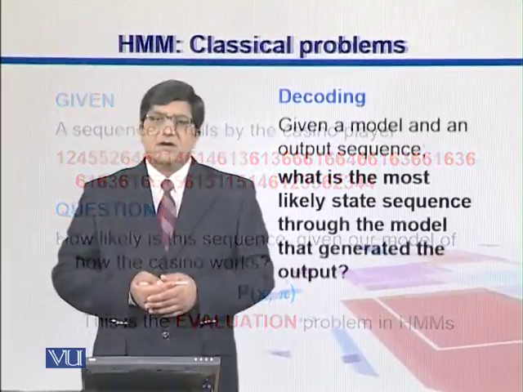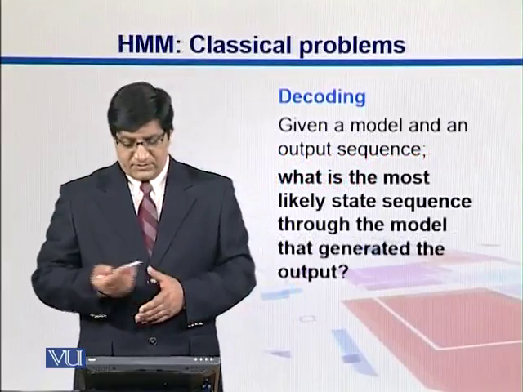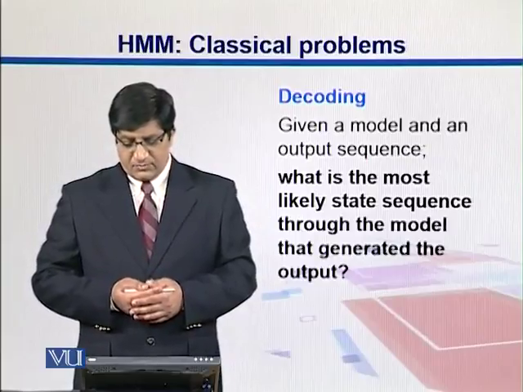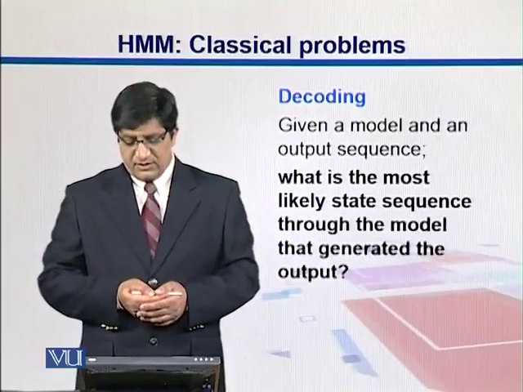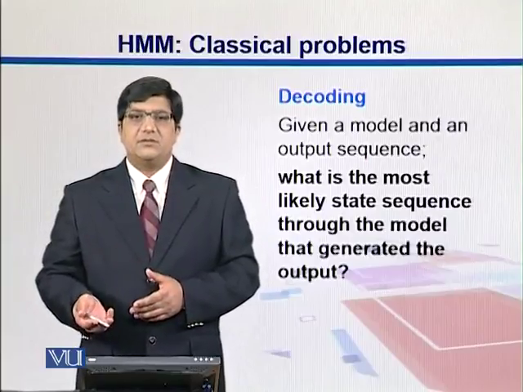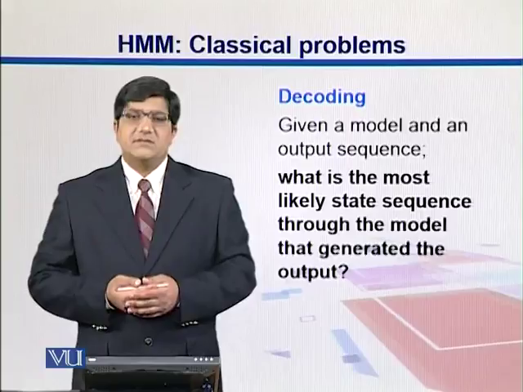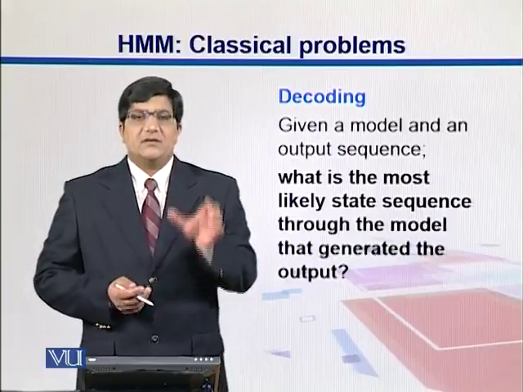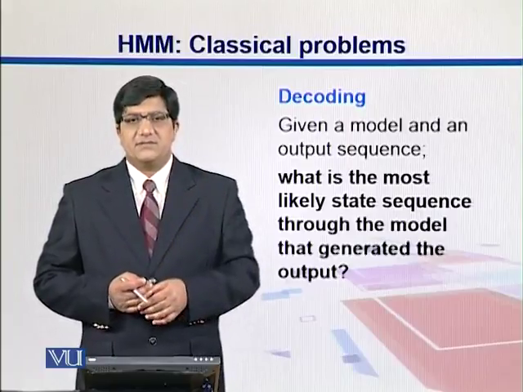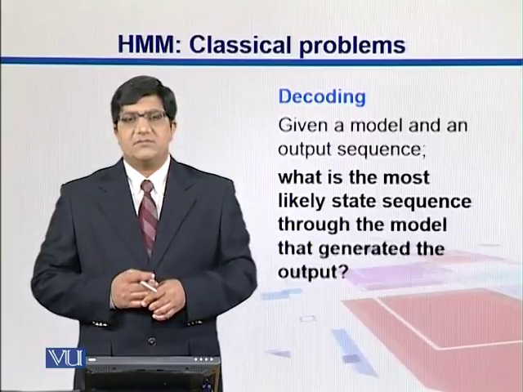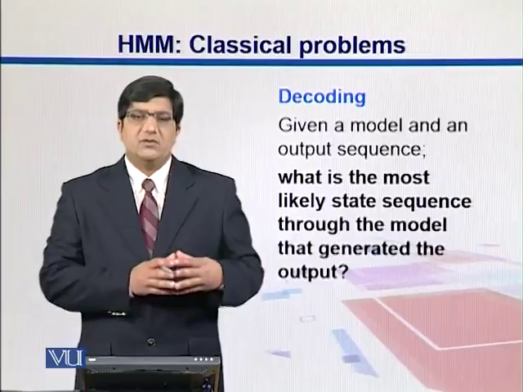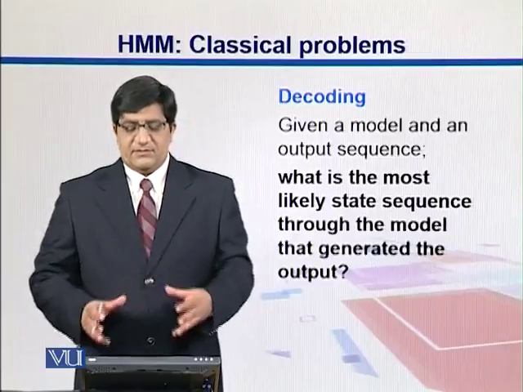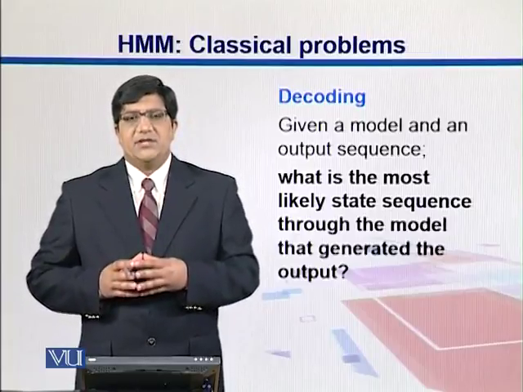The second problem is called decoding. Given a model and an output sequence, what is the most likely state sequence through the model that generated the output? You are given a sequence, and now you are assessing what states are there in that system. That is called decoding. Most of the time while we are doing hidden Markov models, we are doing decoding problems.